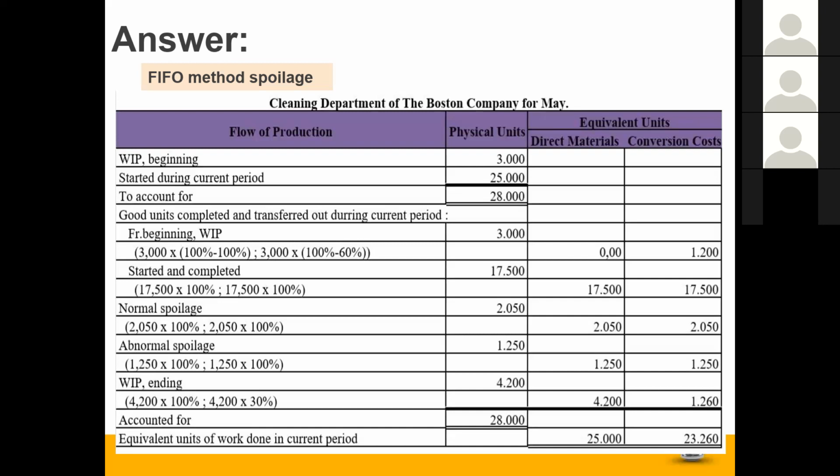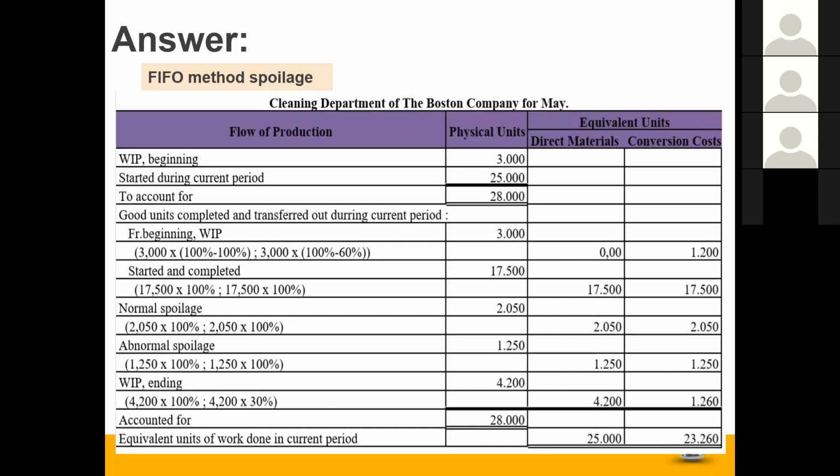And then there's WIP ending, which is 4,200 physical units. The direct material is 4,200, and the conversion cost is 1,260.